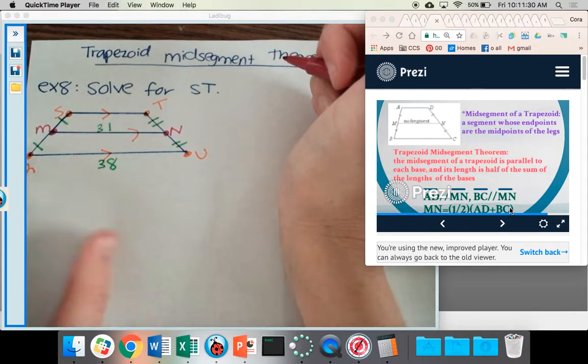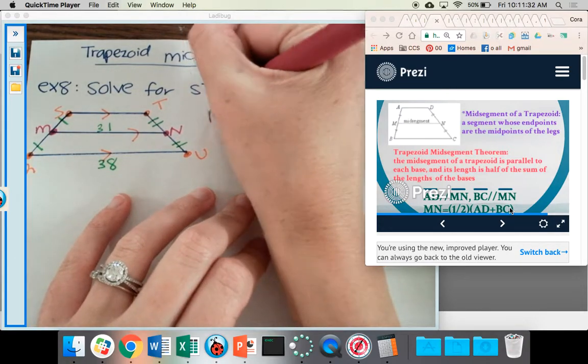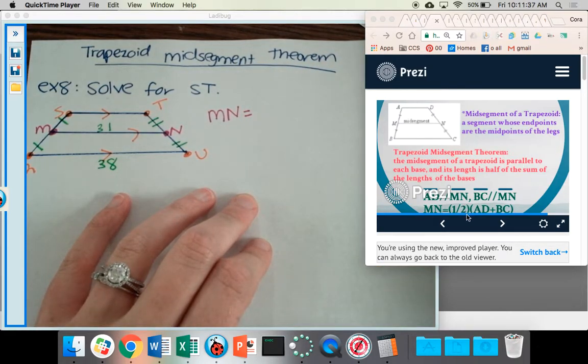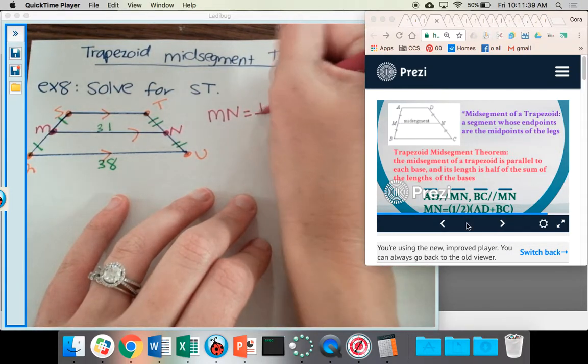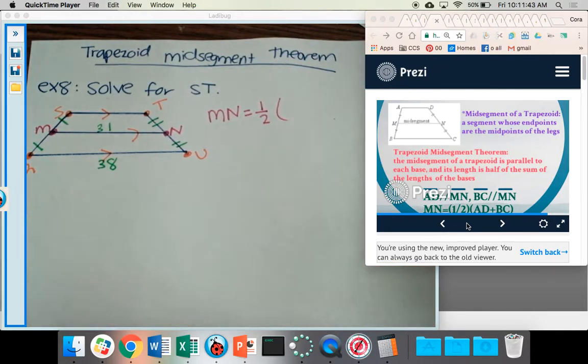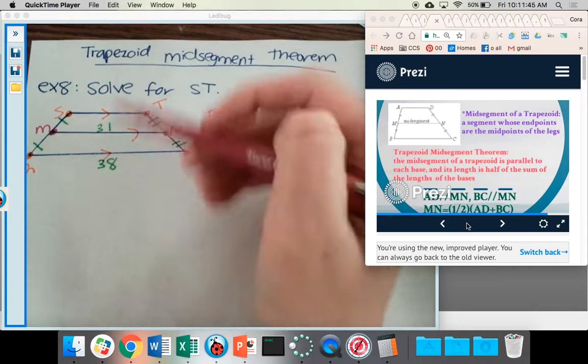The mid-segment is segment MN. So MN will equal, according to this formula, 1/2 the sum of both of our bases added together.